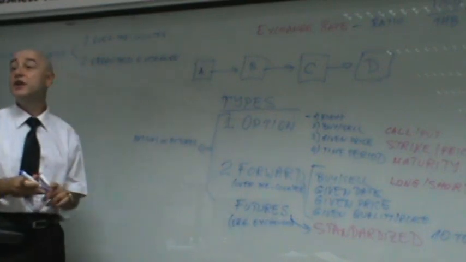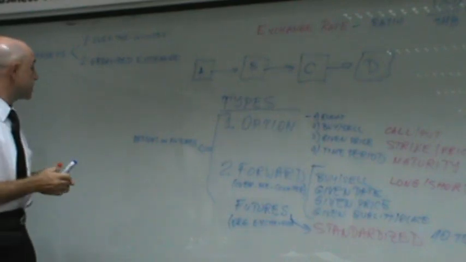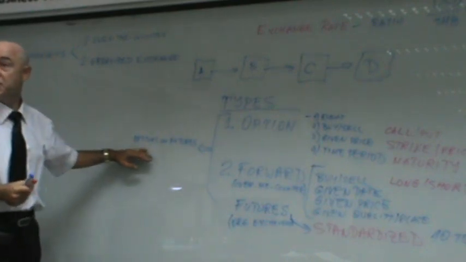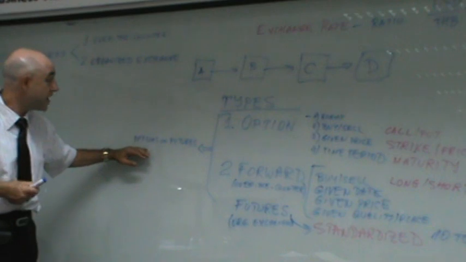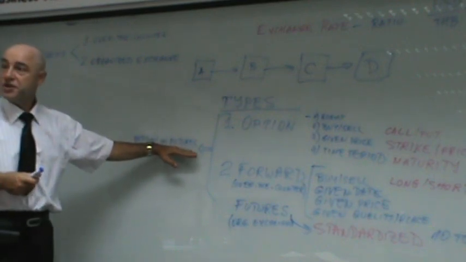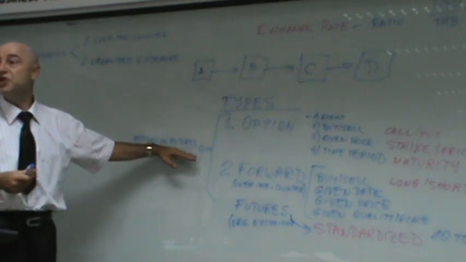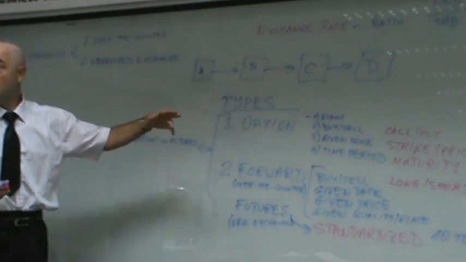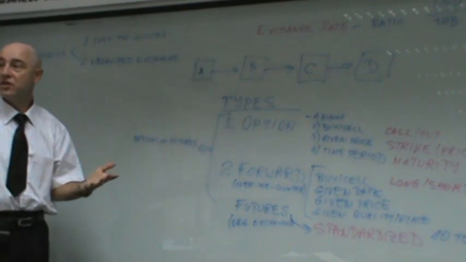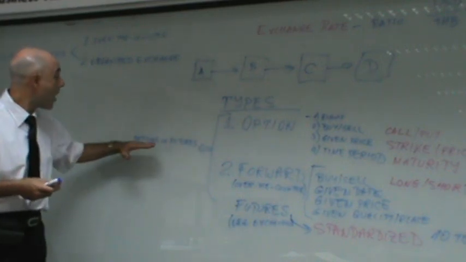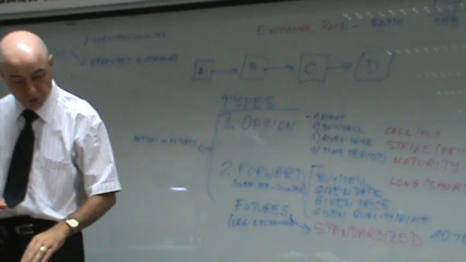This is an option that gives you the right to buy or sell the futures contract. And then the futures contract gives you the obligation to do whatever you want it to do. So you have options on futures.